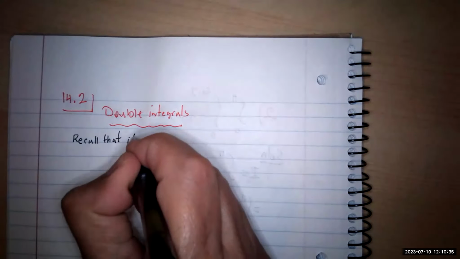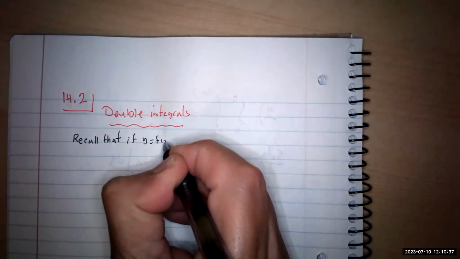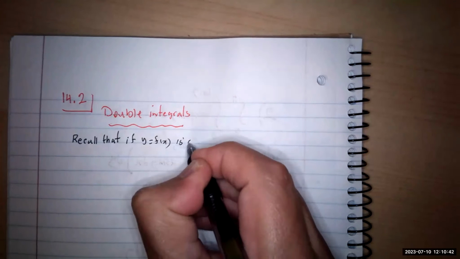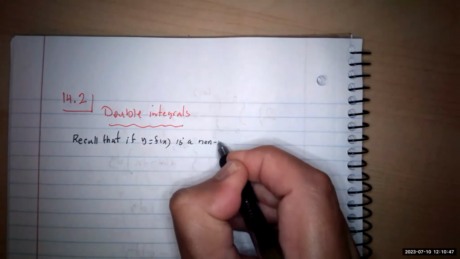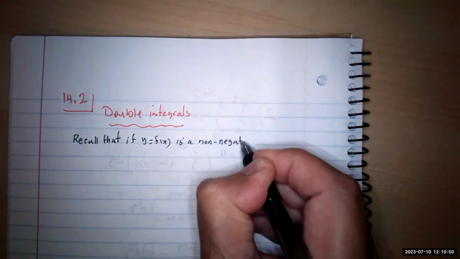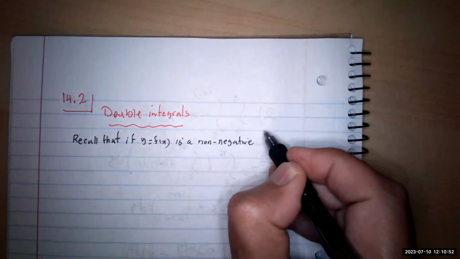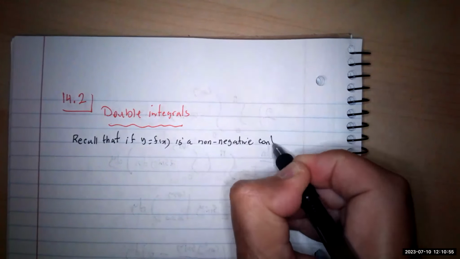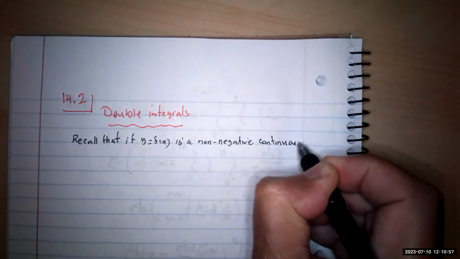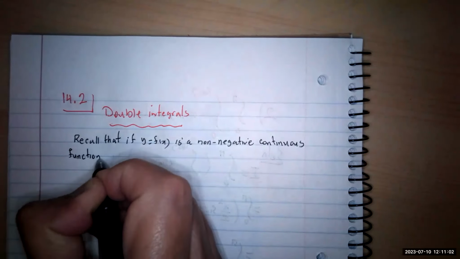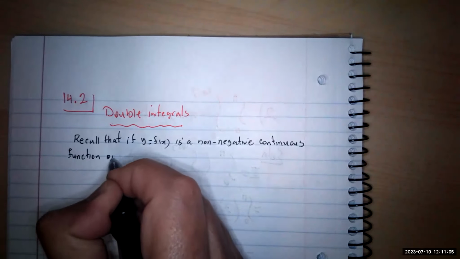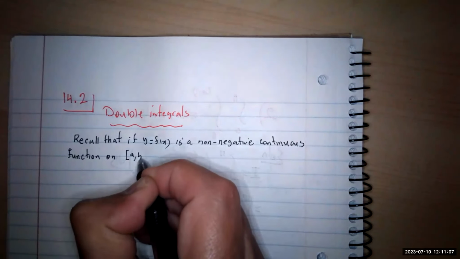Recall that if y equals f of x is a continuous function, it must be a non-negative function because you want to talk about area, which is non-negative. So it's a non-negative continuous function on a closed interval a, b.